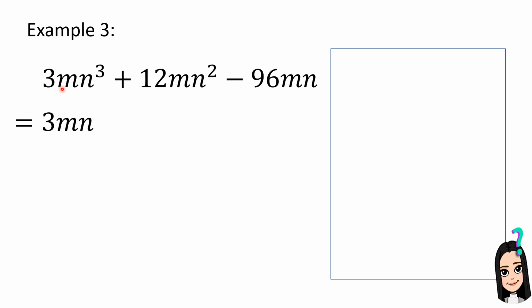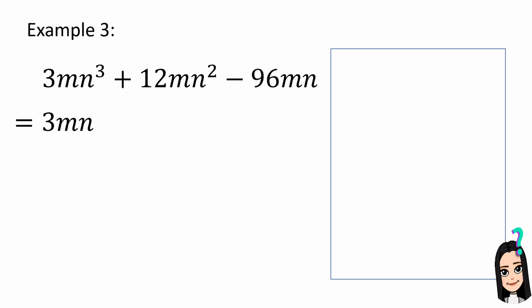Since 3 can divide 3, 12, and 96, you then look for the common variable among these three terms. That is m and n. Then you take the lowest degree of exponent. Since m here has only one degree of exponent, we have 1 as the exponent.